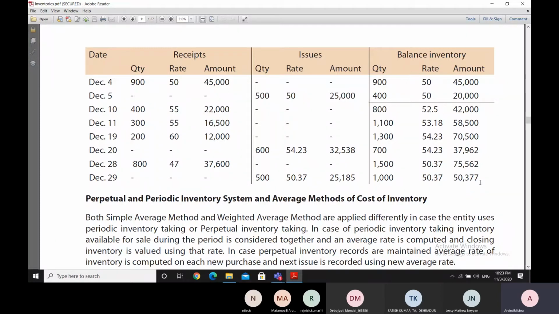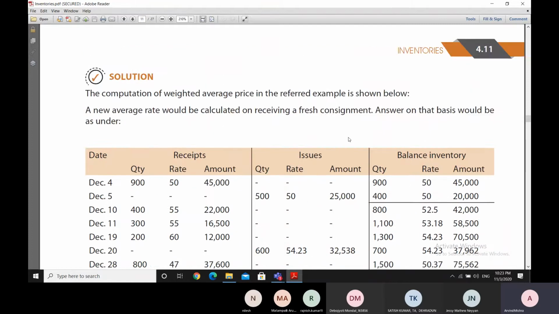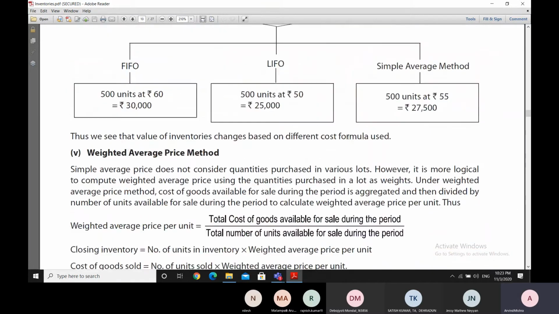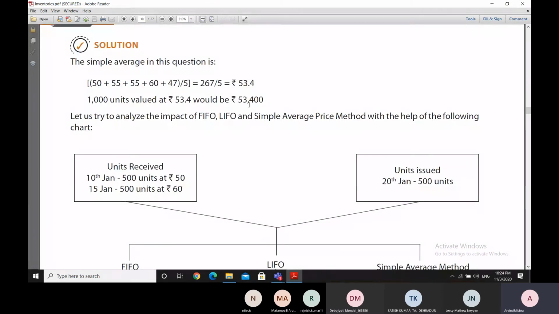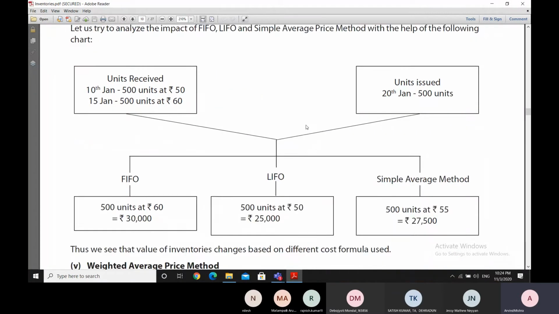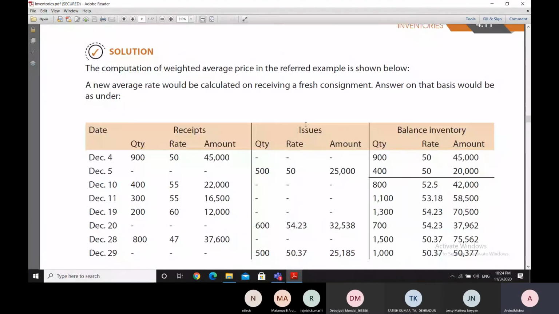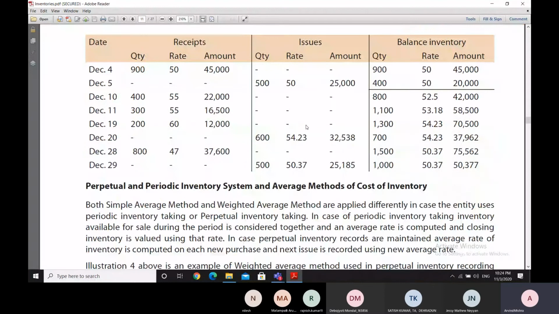So under the weighted average price method, the valuation is coming to 50,377, whereas under the simple average method, the valuation was coming to 53,400. So not much difference here, but sometimes if the quantities are varying quite a lot, then there could be a lot of difference also.